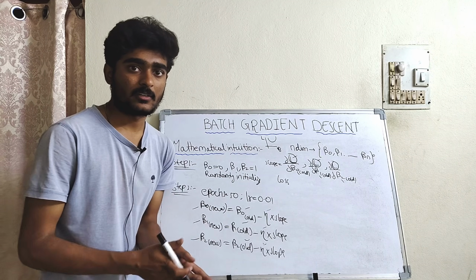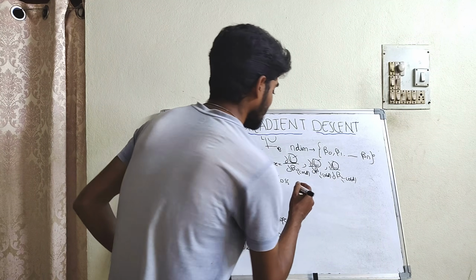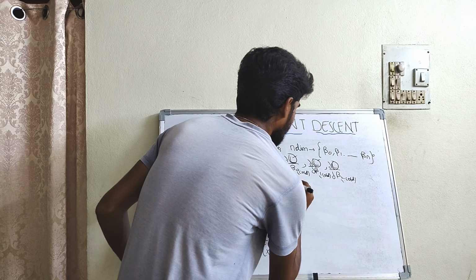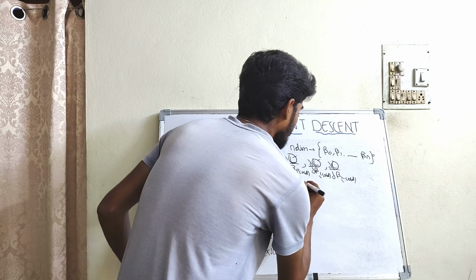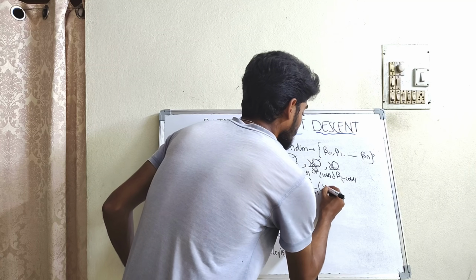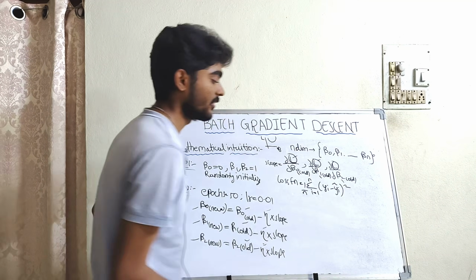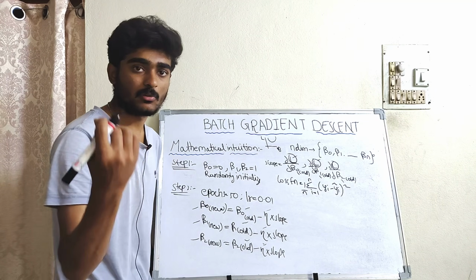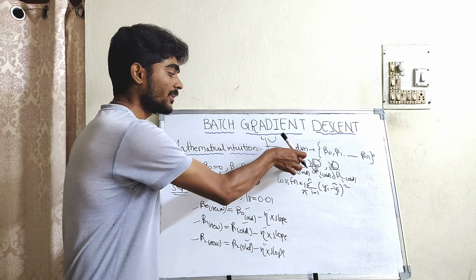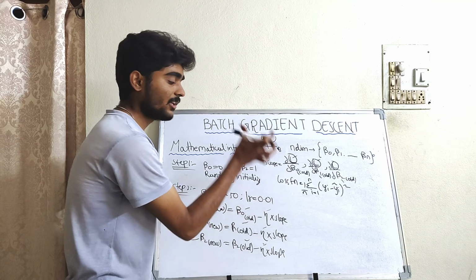You may take another loss function, but the one I am considering is the MSE loss function. Loss is equal to 1 by n summation of i is equal to 1 to n, y i minus y i hat, whole square. This is the generalized formula of the MSE loss function.